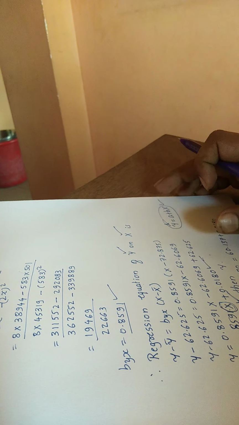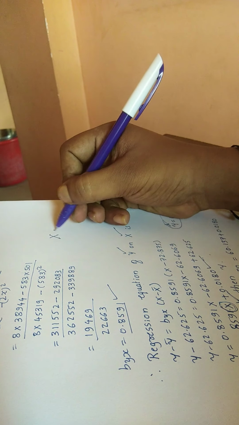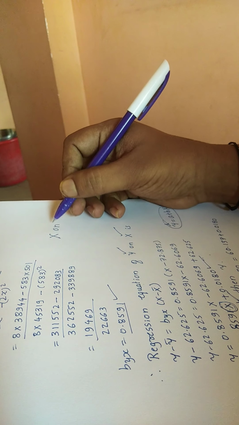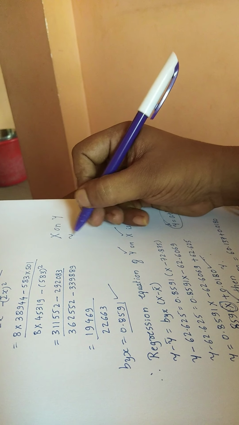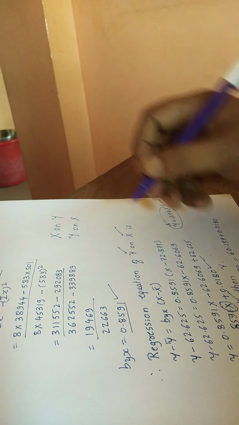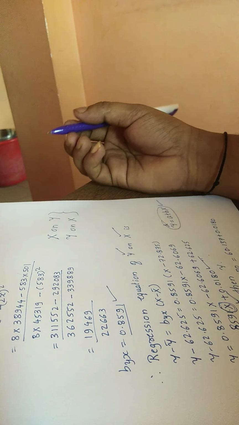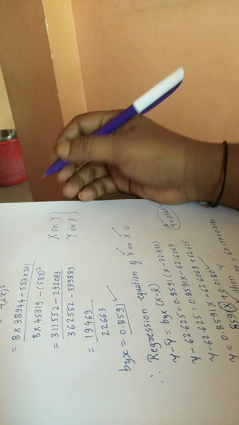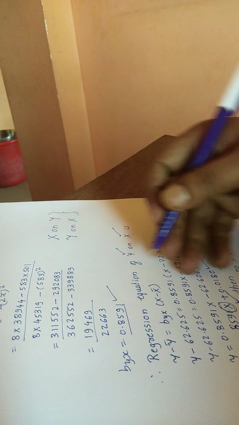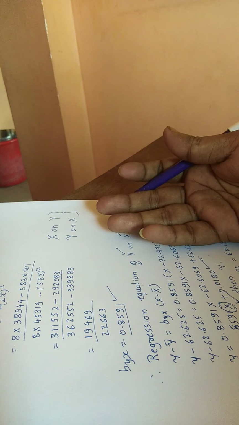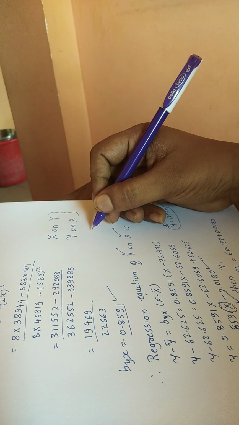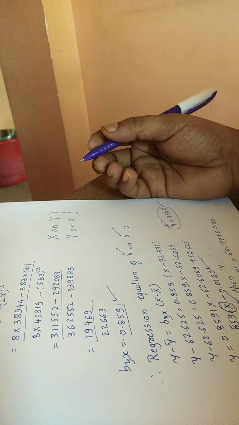In that case we can fit the regression analysis of x on y as well as y on x. What does this mean? If demand is given, we can calculate supply. If supply is given, we can calculate demand. Similarly, in this example, if attendance is given, we can calculate how many marks he can score in the main examination.